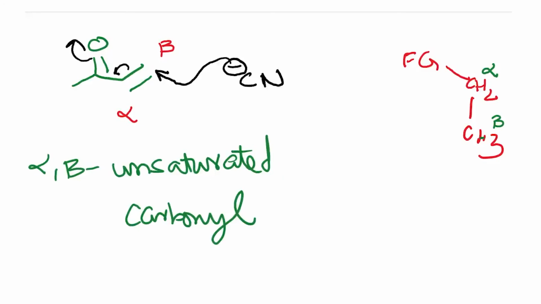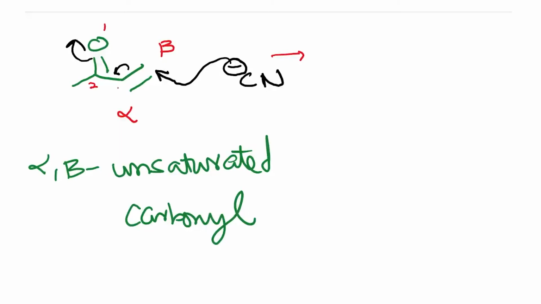Okay, so the intermediate that is produced is this. Let me just number this so that it's easy for us to follow. We'll follow the same system: 1, 2, 3, and 4. And so O minus.